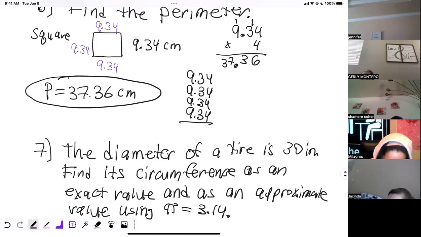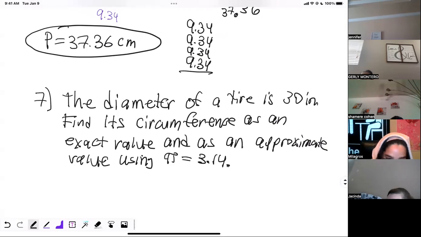We talked about this, exact versus approximate, in our last class. I just want to make sure we do one more.